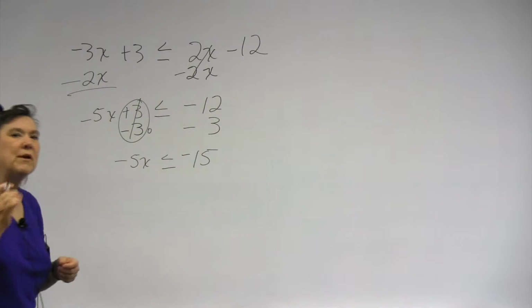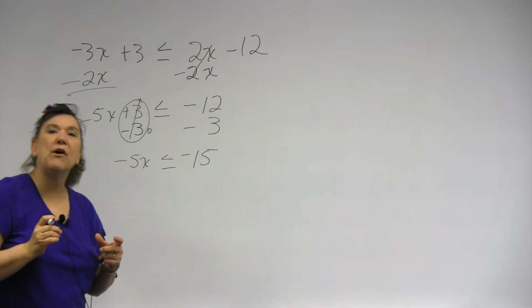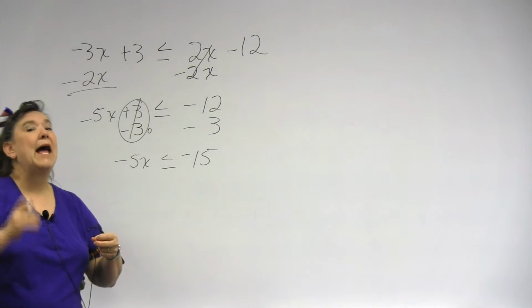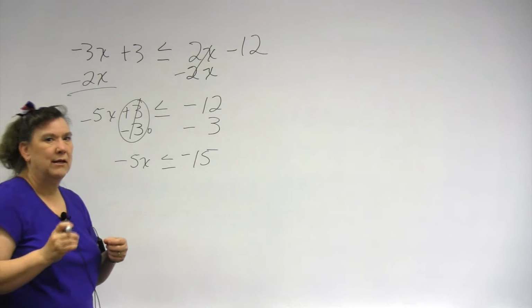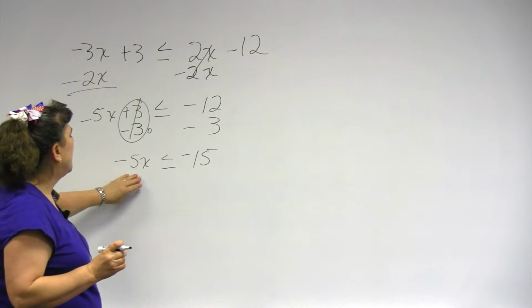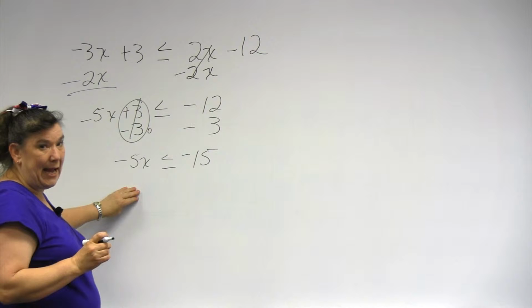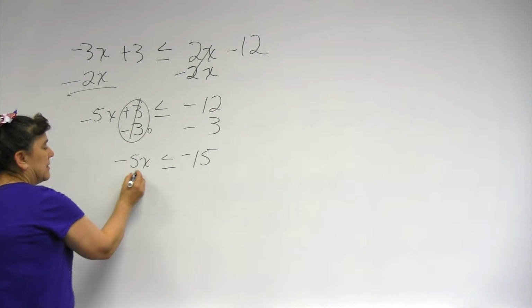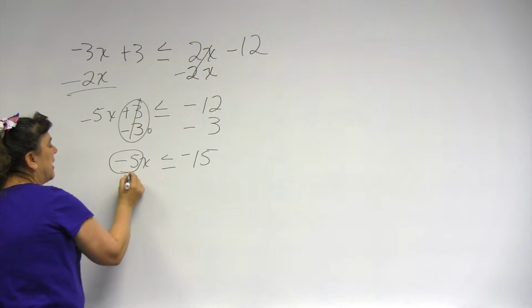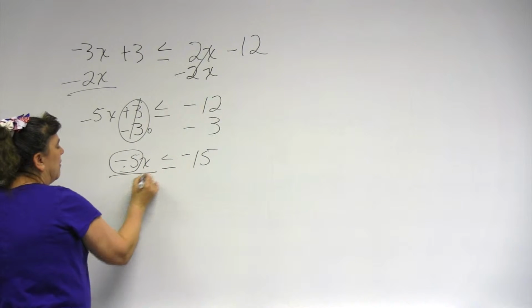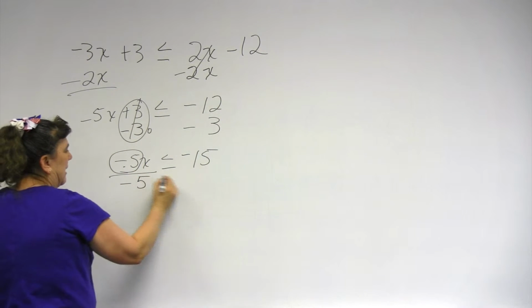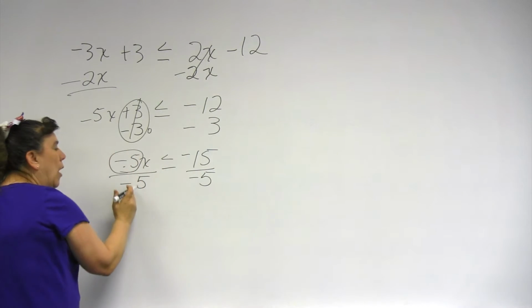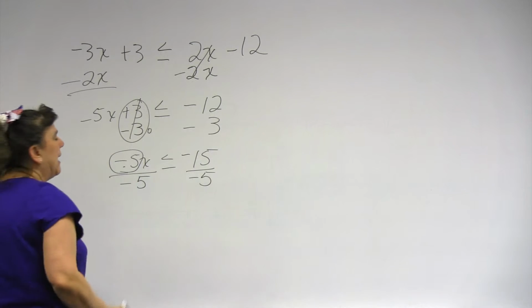Now, do you remember me talking in the very first part about the difference between equalities and inequalities? Do you remember that? We talked about dividing by a negative number and what that does to it. Here's our case. Our coefficient in front of x is a negative 5. Therefore, we must divide by negative 5 on both sides because we want to make one x, or just plain x.